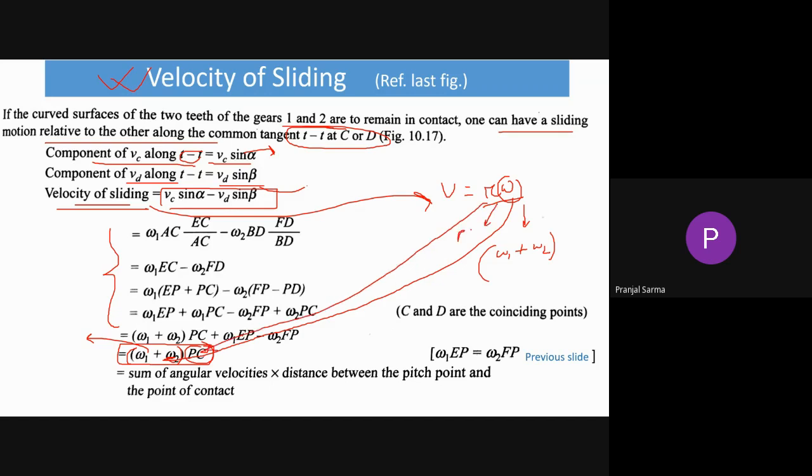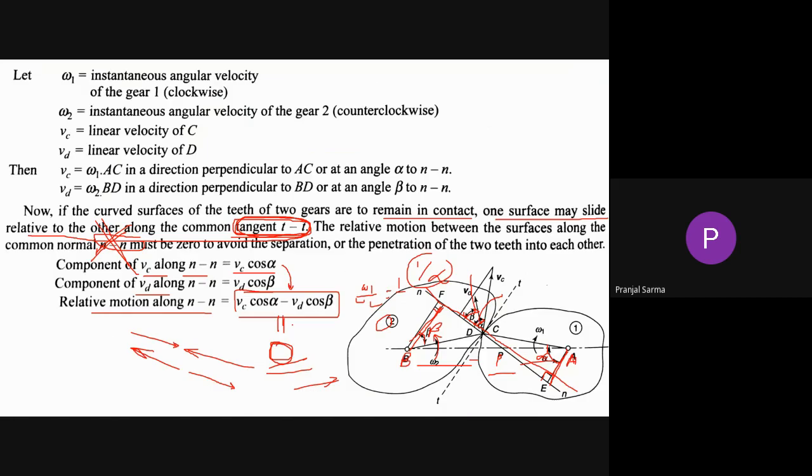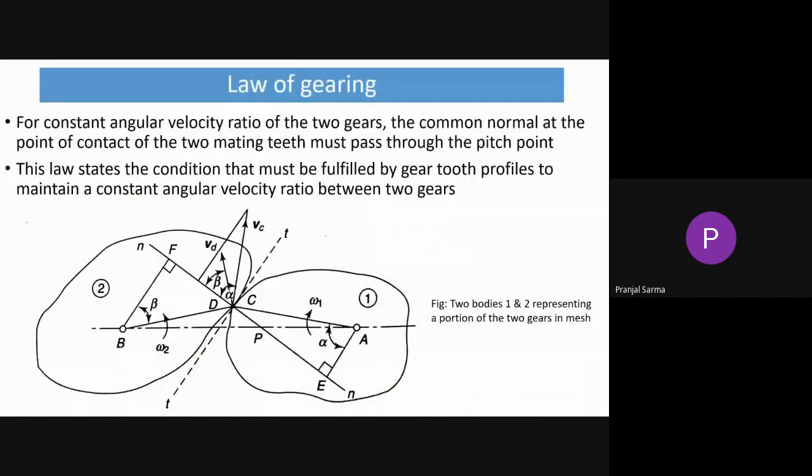What is PC? That is the distance between the pitch point and the point of contact. If you look at this particular figure, PC is this distance of the pitch point to the point of contact. This is omega 1 and this is the value of omega 2.